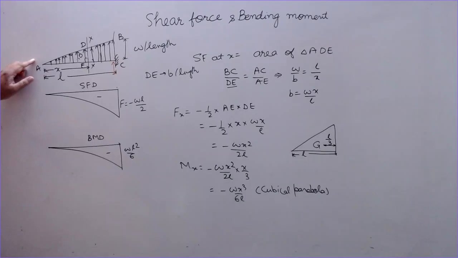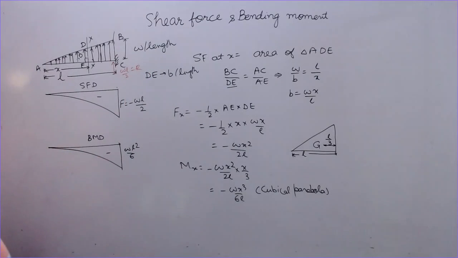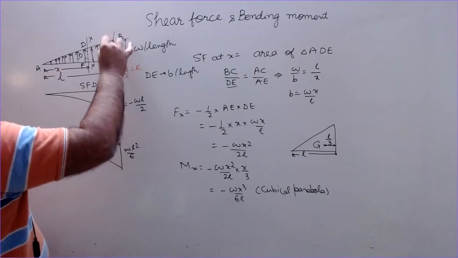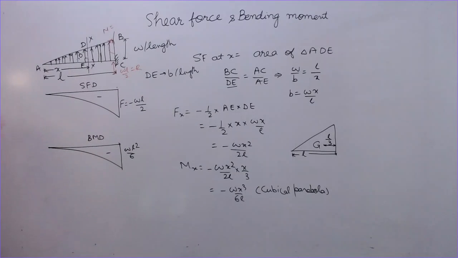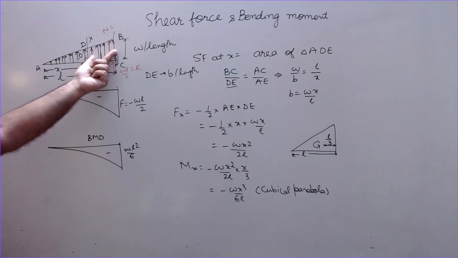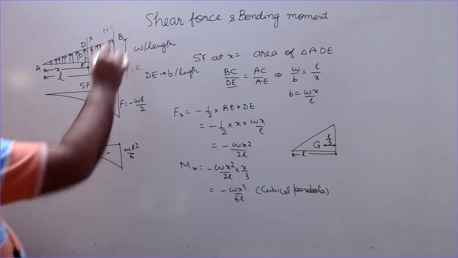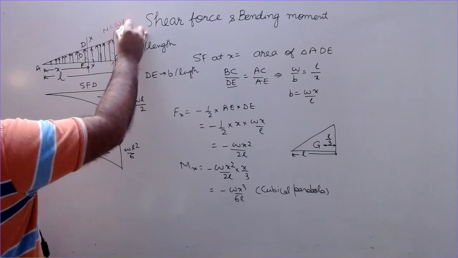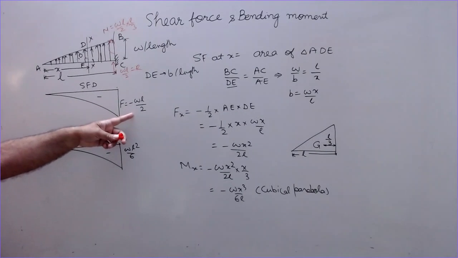Area of this triangle is half into L into W. So this is WL by 2, equal to R. And the fixing moment in this direction, M, is equal to the moment of this load. This is acting at the center of gravity of this triangle, at this point, which is L by 3 distance from this end. So WL by 2 into L by 3, WL square divided by 6, which is clear here.